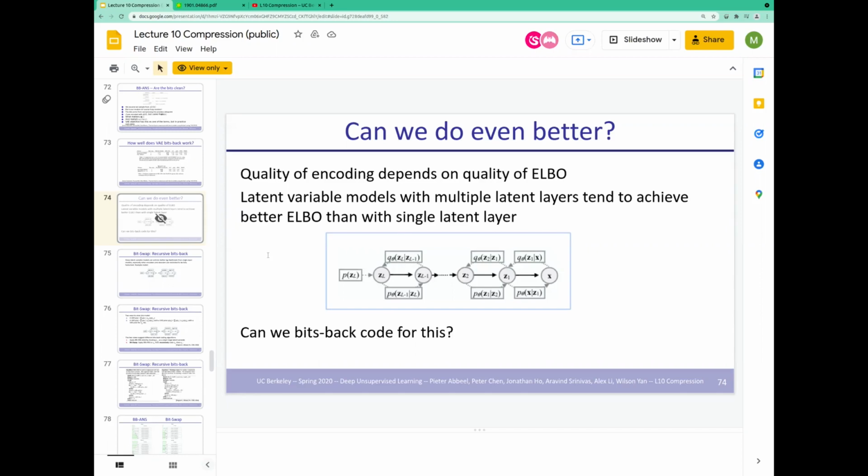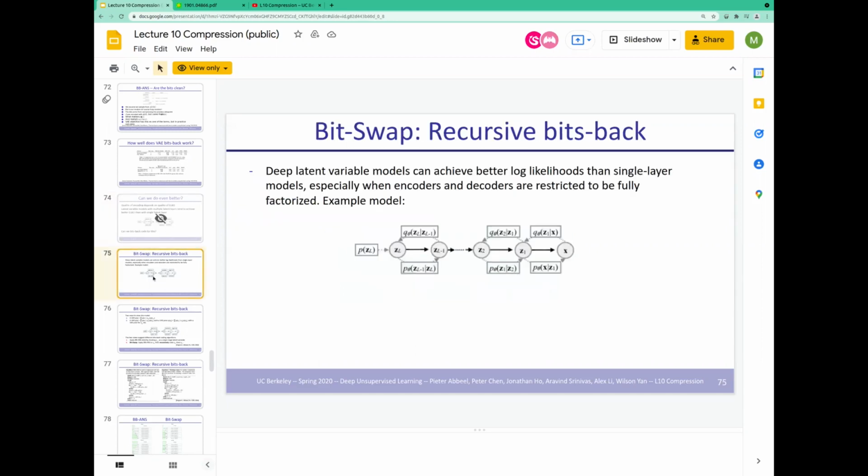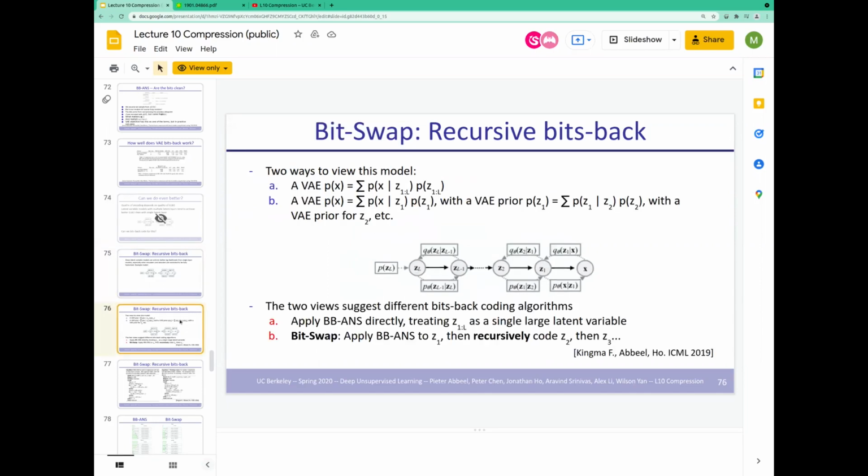Can we use this for bits back coding? BitSwap is their paper, and they did the trick for it. They made it work.